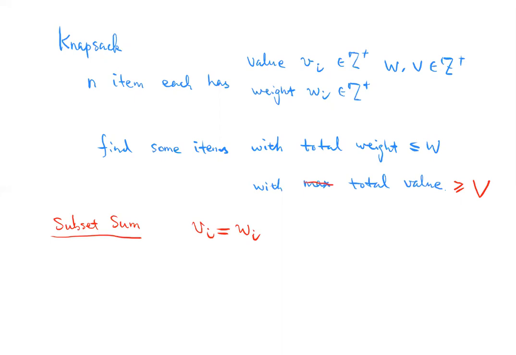Then W and V will also be the same, so that's our target sum. So subset sum is a special case of this one.